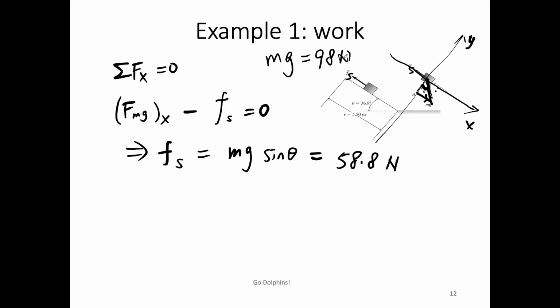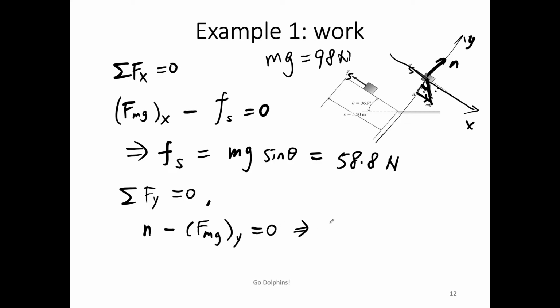And then I need to calculate what is the normal force, right? Normal force would be in the y direction. Friction doesn't have a y component, so in the y direction, net force adds up to 0. So it's N subtract the weight in the y direction gives me 0.